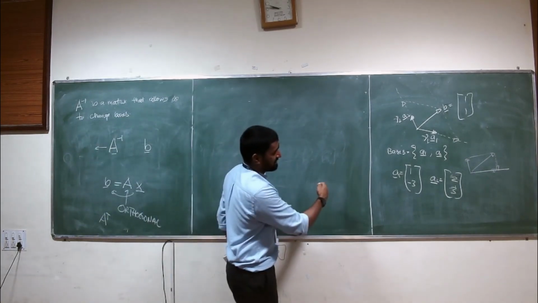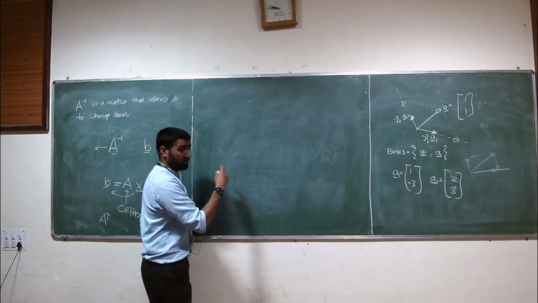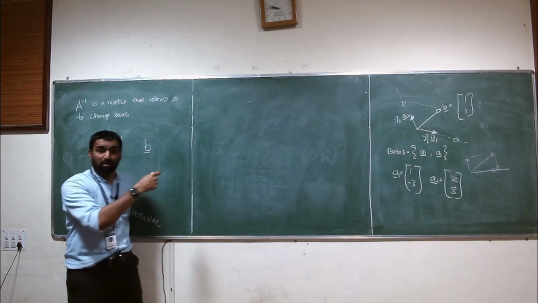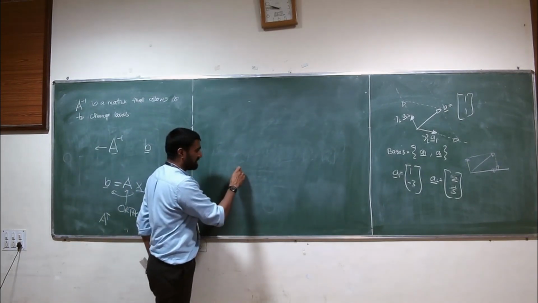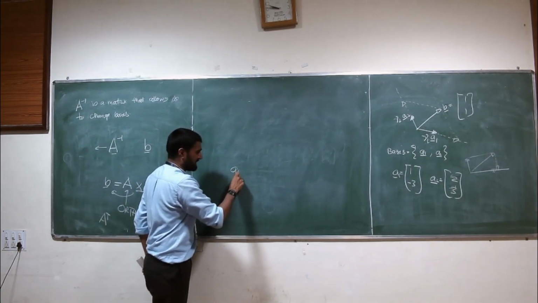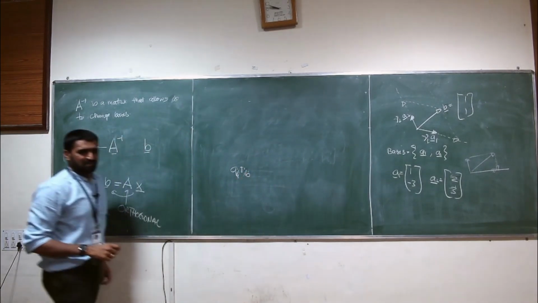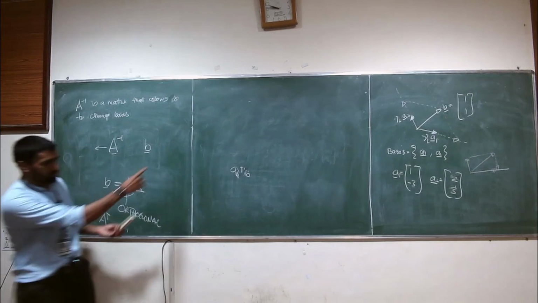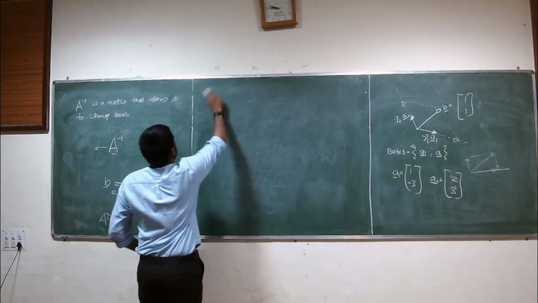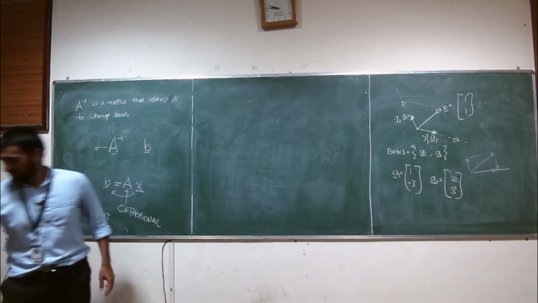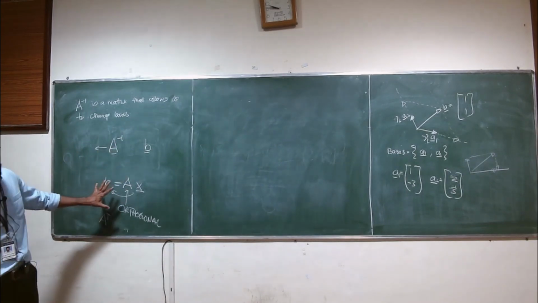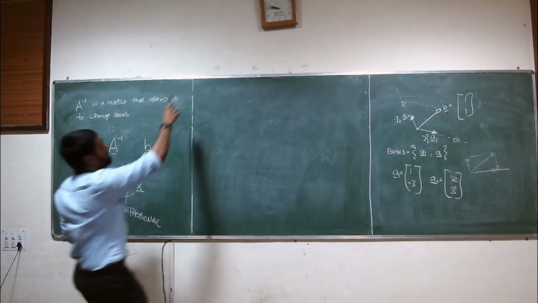That's because if you remember how you represent a vector in terms of an orthonormal basis, you get the components by simply doing Qi transpose X. The components are easy to find. So that's the interpretation of A inverse.